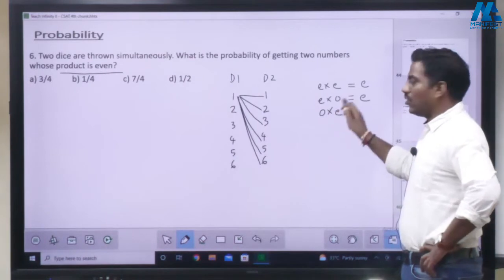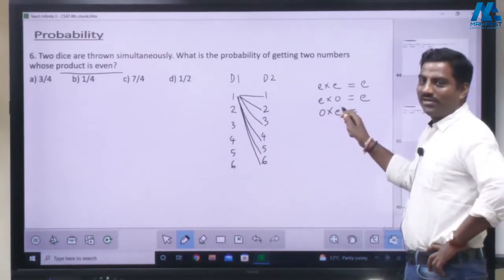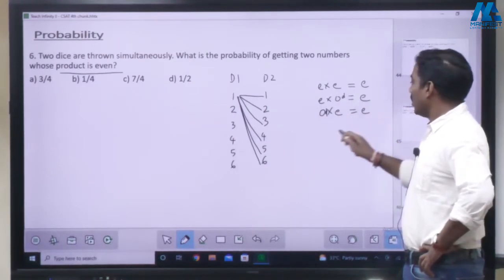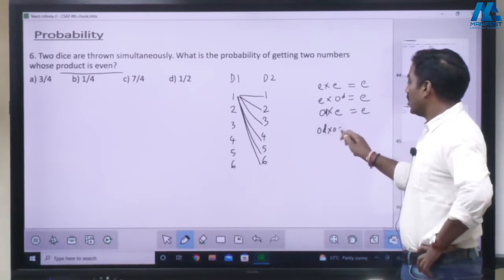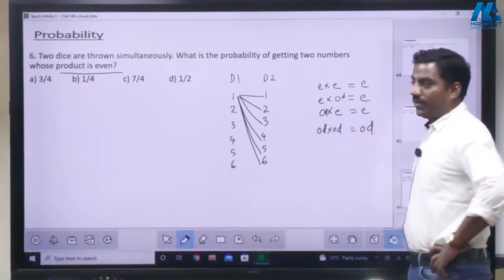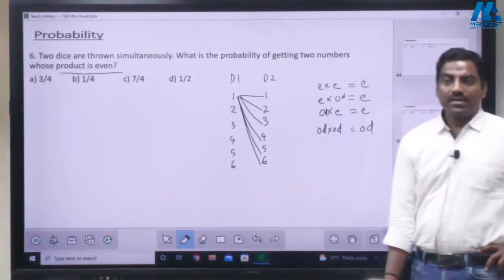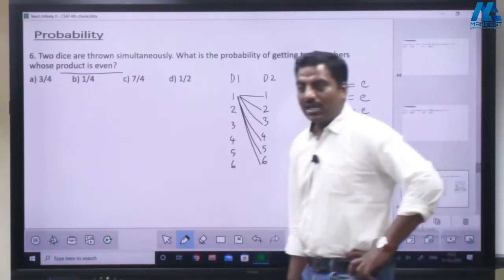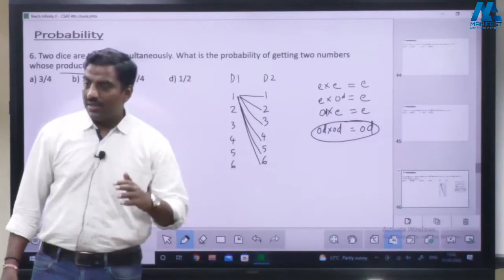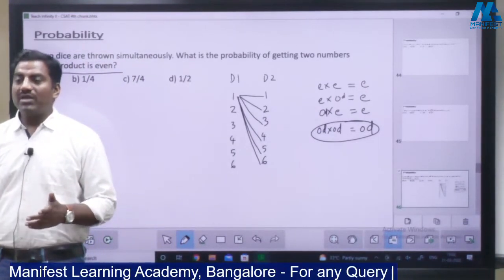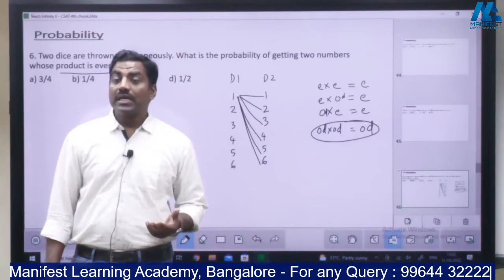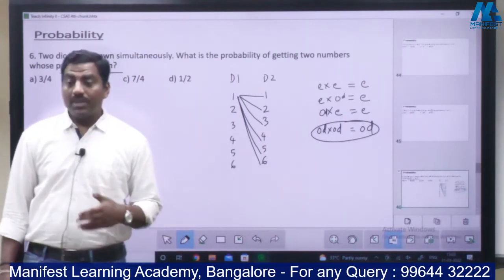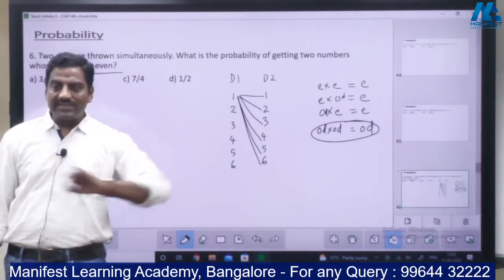Odd into even, this is not odd, it is even. Only in the case of odd into odd do we get the product as odd. So try to discard the events where you are getting the product as odd, and consider all other events out of 36. Because the probability of getting an even product is more compared to getting an odd product, that is why we are calculating odd and subtracting.